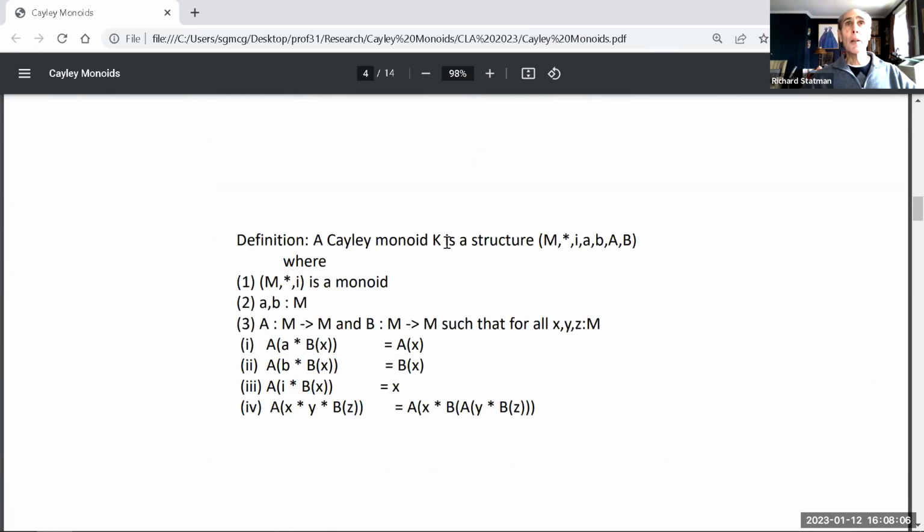So a Cayley monoid is a monoid structure, M, product, identity, with two distinguished elements and two maps. So that's the monoid. A and B are elements of M. They could be equal. And A and B are maps from M to M, satisfying the following nice symmetrical axioms.